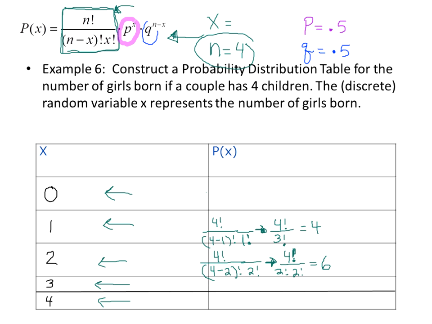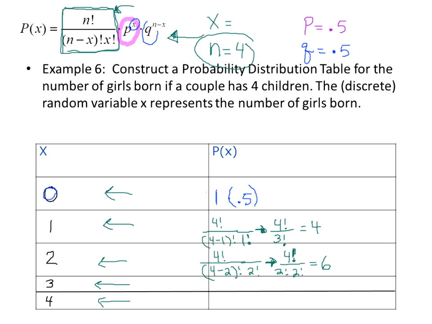Okay, so for this one right here, we have one way that we can have 0 girls. That was already counted. The probability of a girl, that's 0.5. So we're going to multiply 0.5, and that's going to be to the power of x.